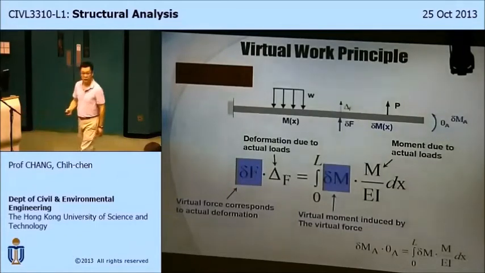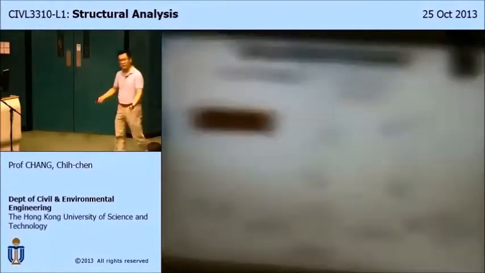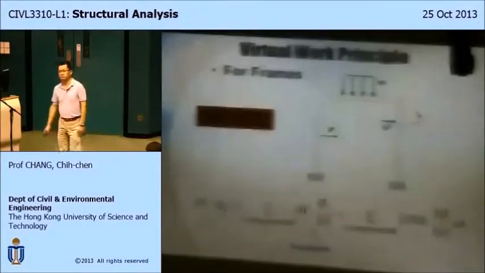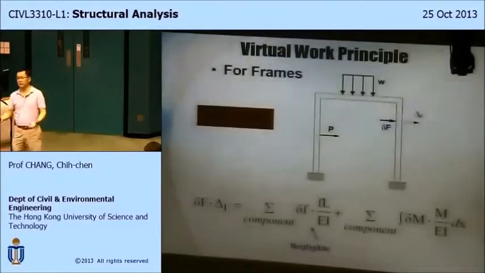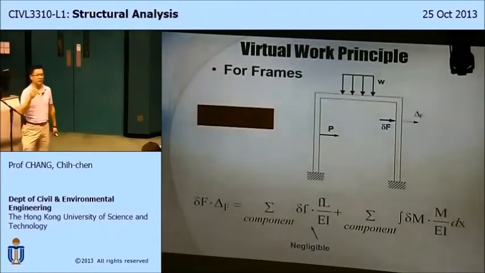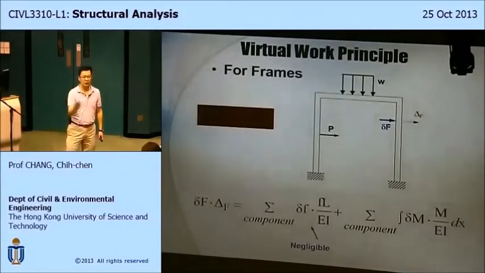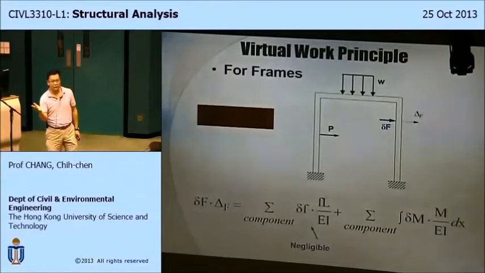Extensions from truss to beam. Now, how about frames? Mechanically, a frame structure is basically a combination of truss and beams. For beams, we talk about shear force and bending moment. We never talk about the axial force.